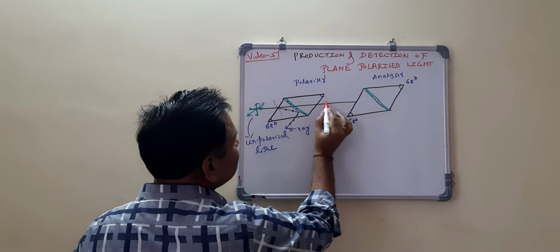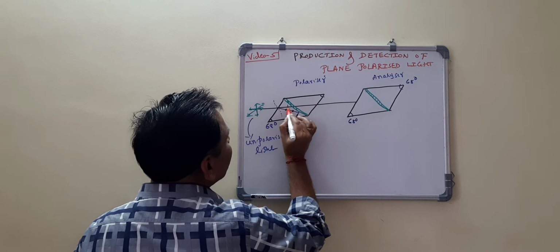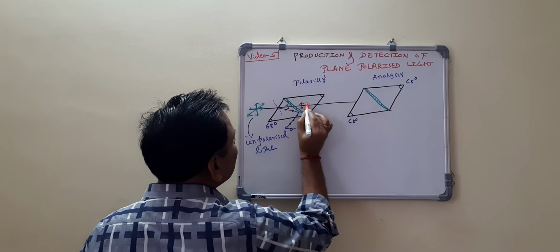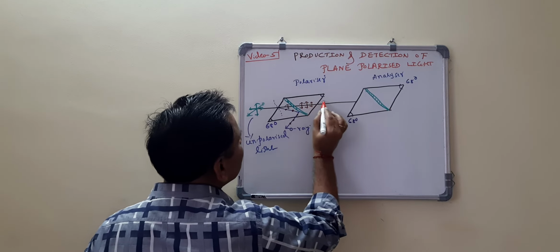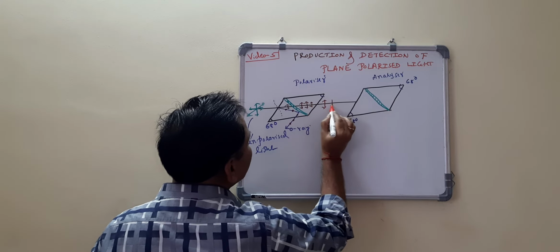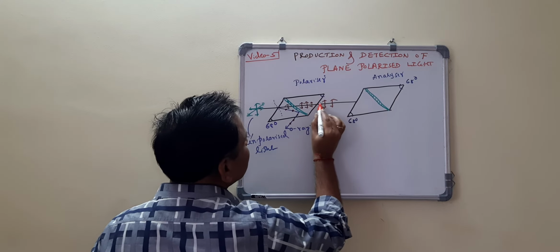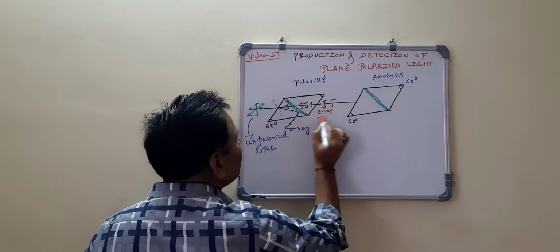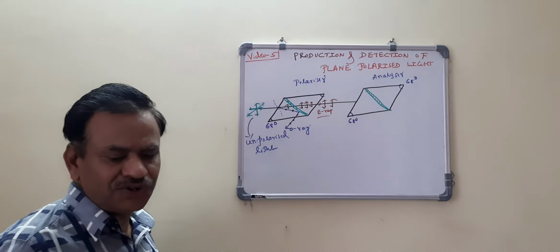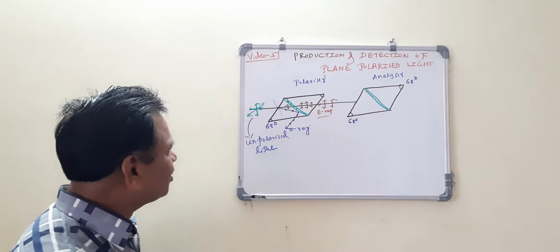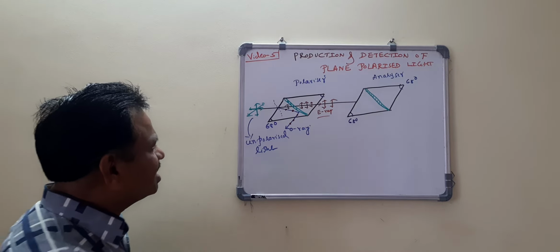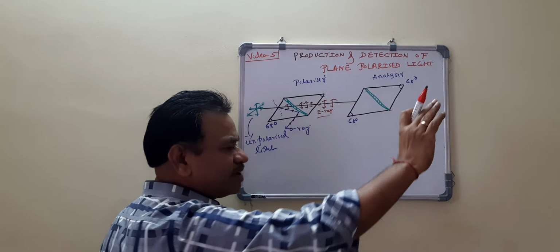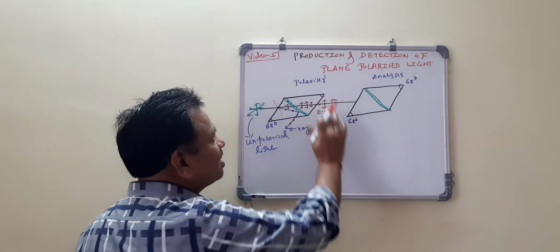But in this ray, the vibrations are parallel to the principal section. This is called the extraordinary ray. The O ray is completely eliminated, and only one set of plane polarized light is obtained here.